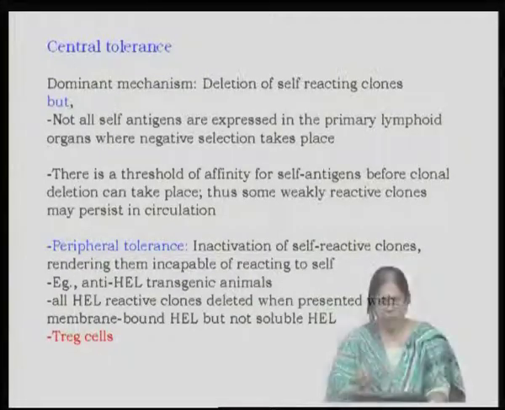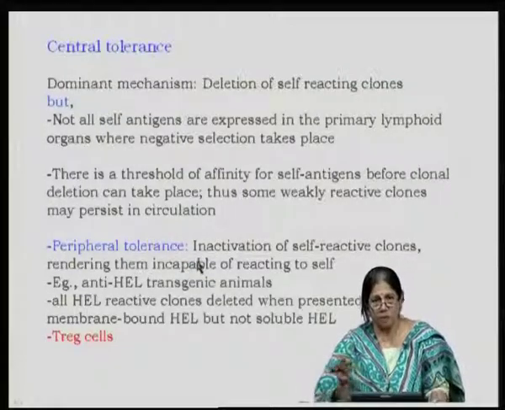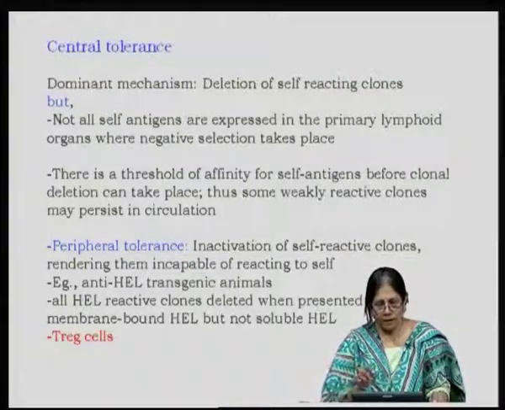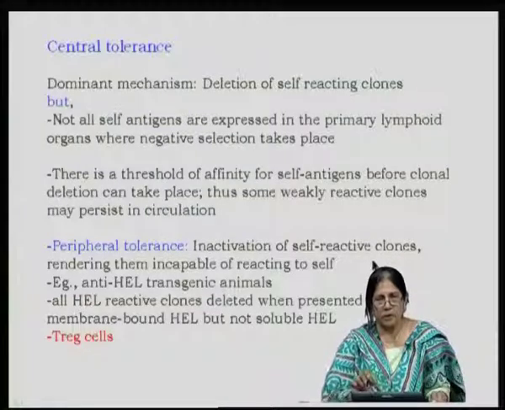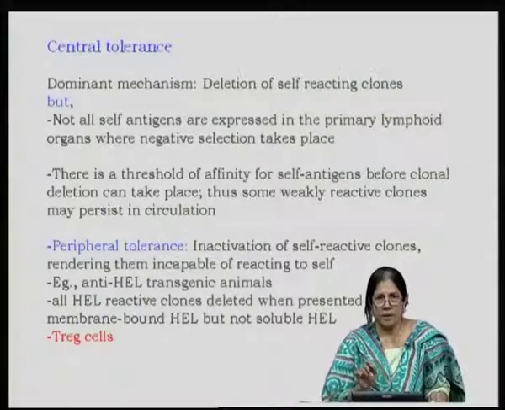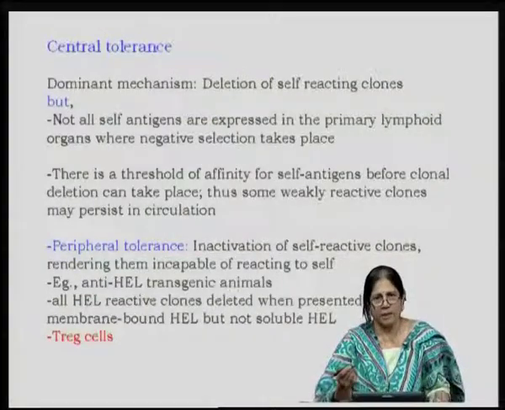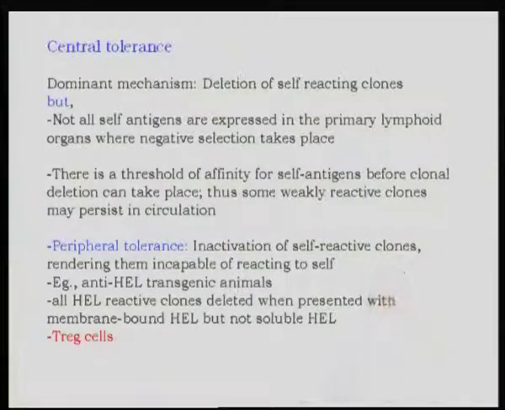So, therefore, we know that there is something known as peripheral tolerance, and unless this tolerance is broken, self-reactive clones continue to be in circulation, incapable of reacting to self, and we will understand in the next lecture how this barrier is broken.